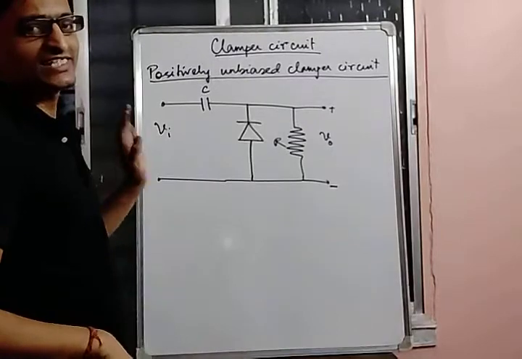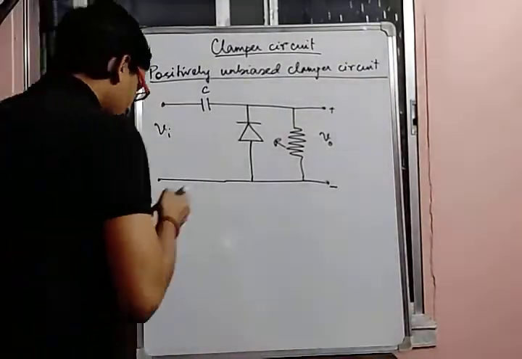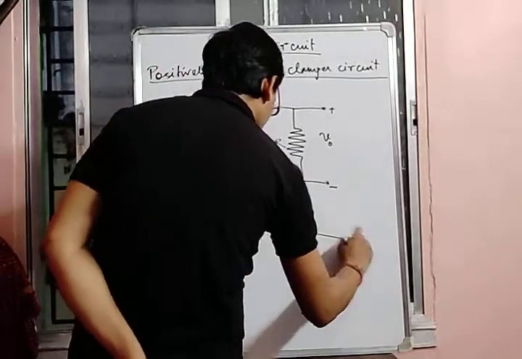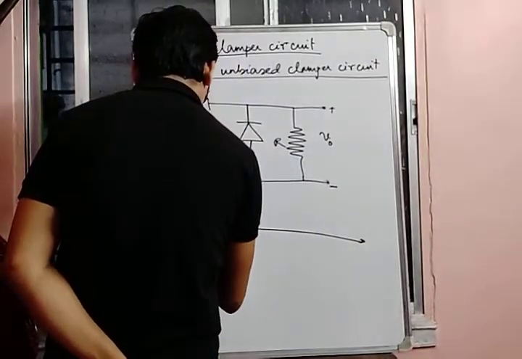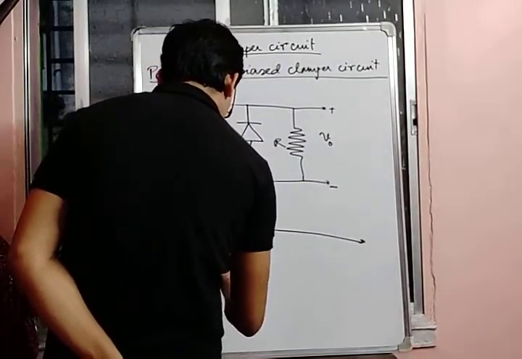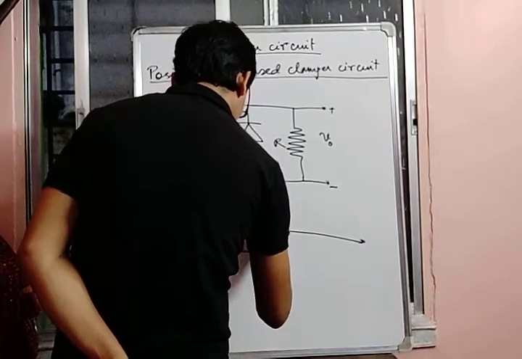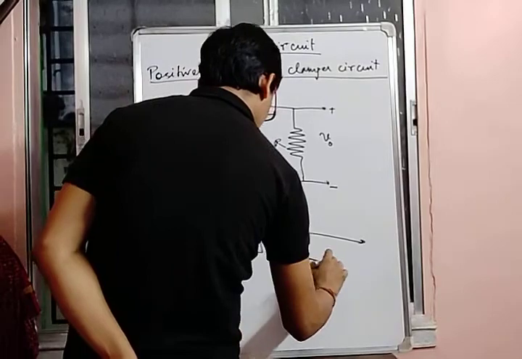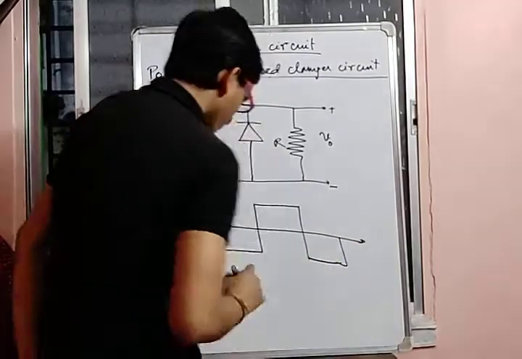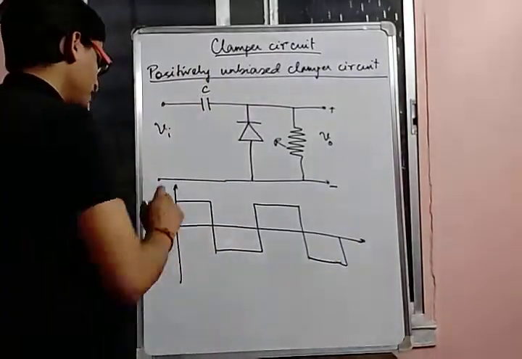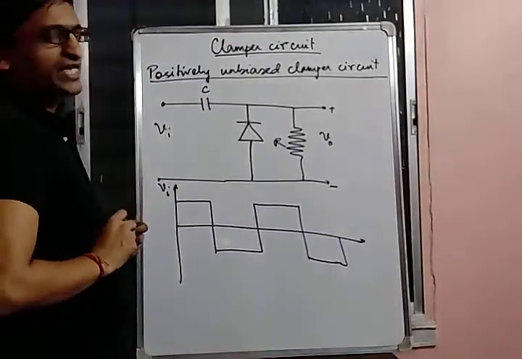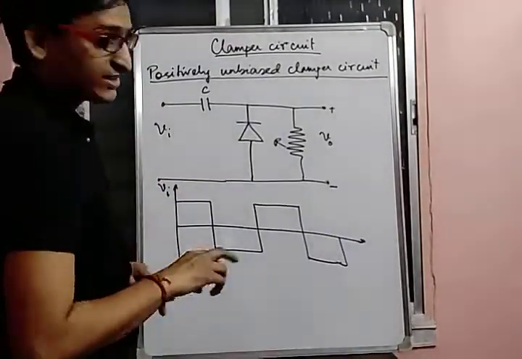First of all, let us consider a rectangular waveform. Let us consider that the input voltage is varying somewhat like this. This is called a rectangular waveform. Here we are making two assumptions.